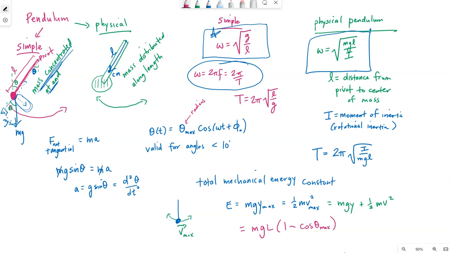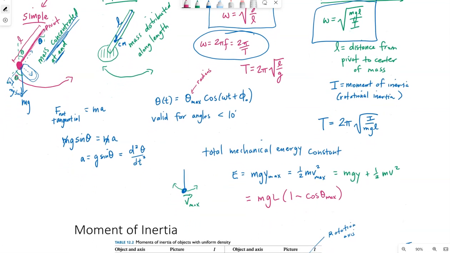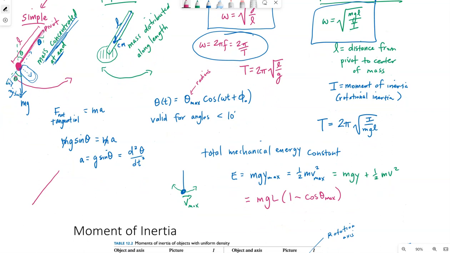Where this comes from is, if I draw my pendulum at its maximum height, y max, that means in equilibrium, the pendulum ball, the mass, would be at the bottom.